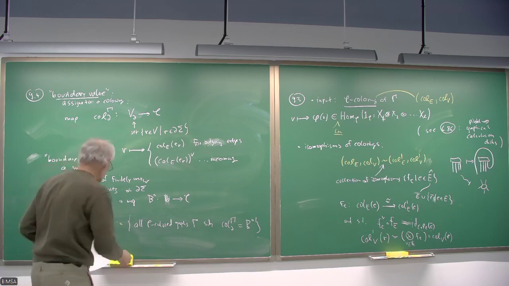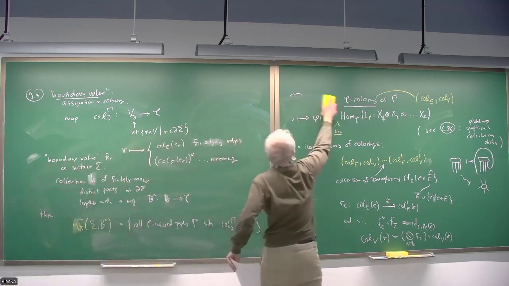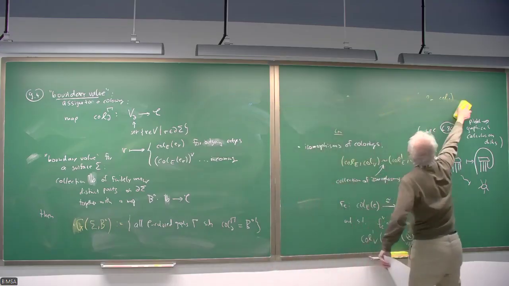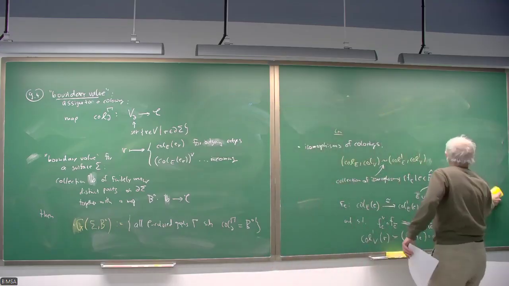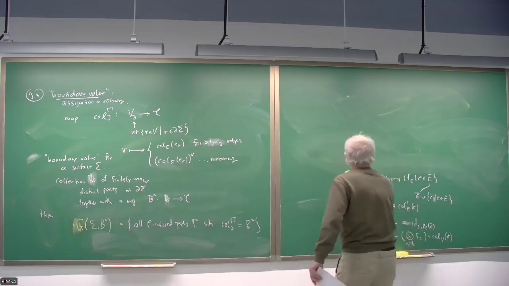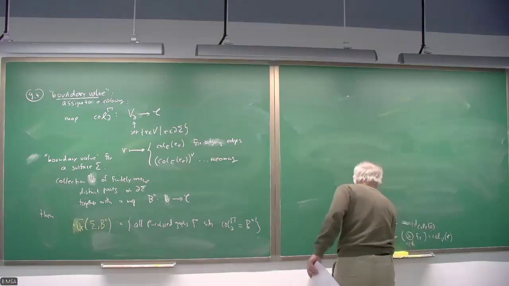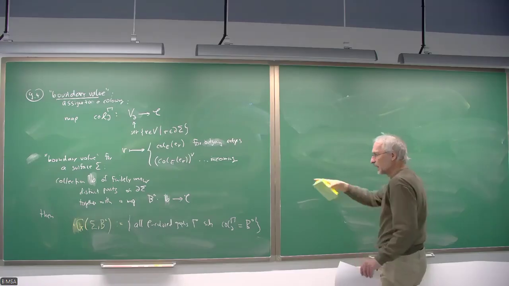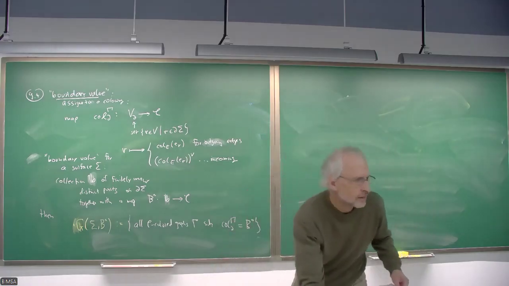And once we have this, we define a vector space, really generated by this set.